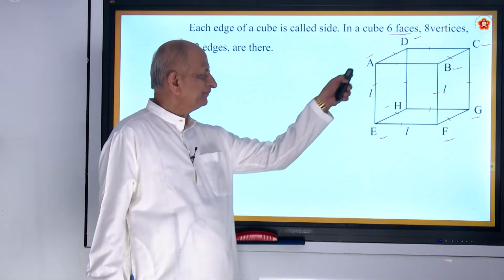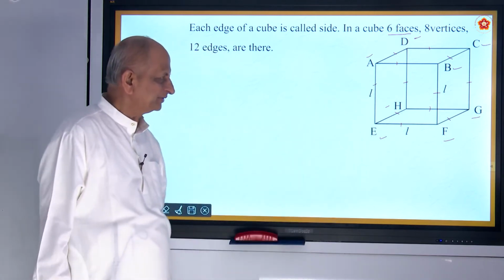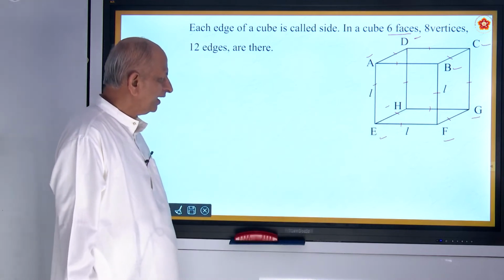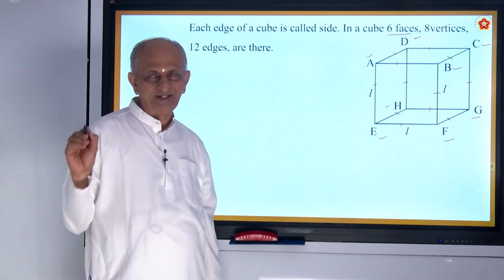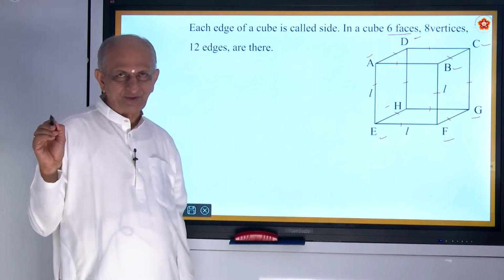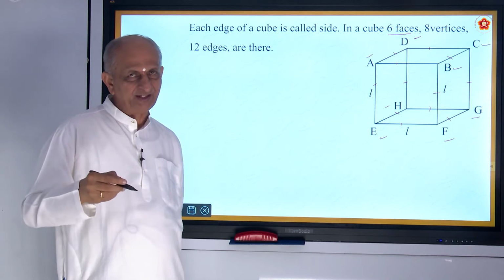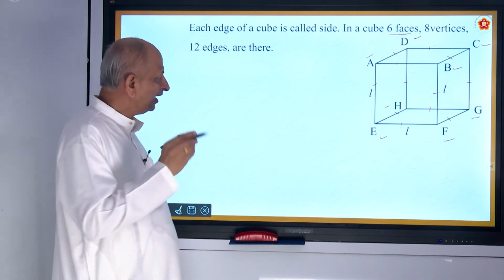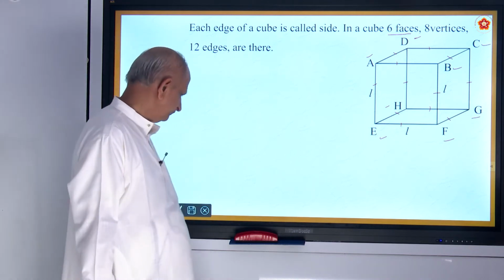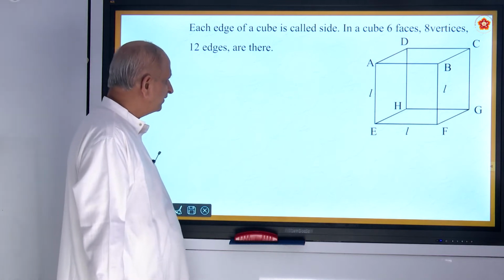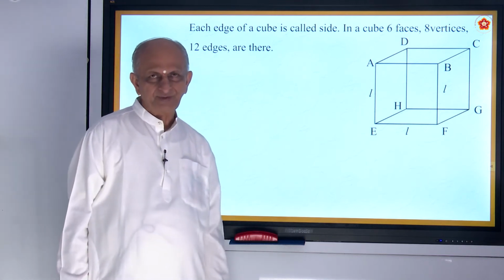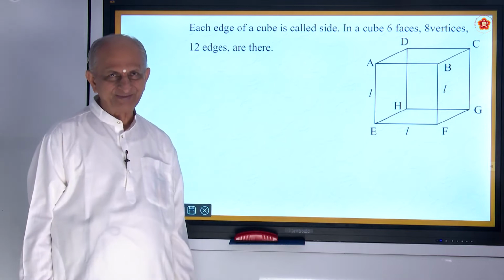So there will be 6 squares in a cube, and all the faces are identical. Whereas in cuboid only opposite faces are identical, here all the faces are identical and all of them are squares. Very beautiful to look at, correct?